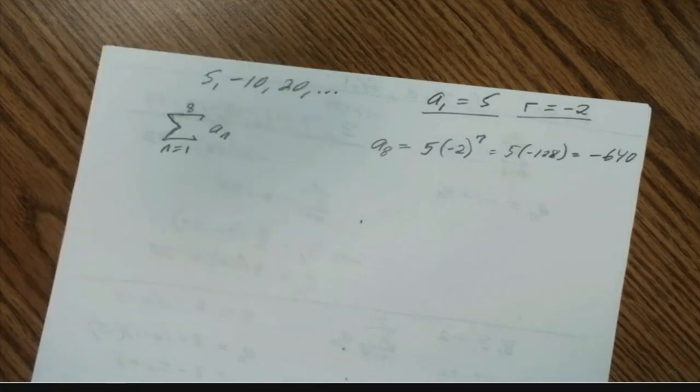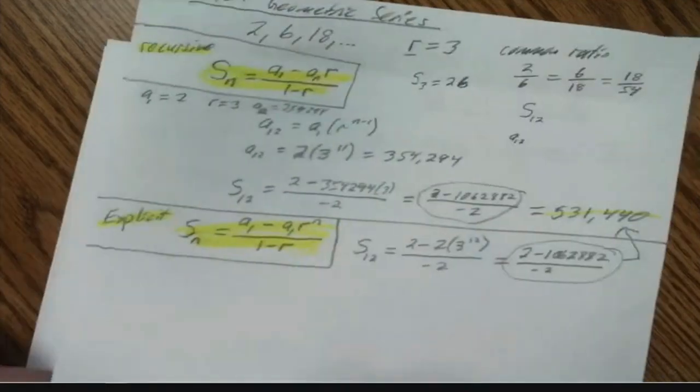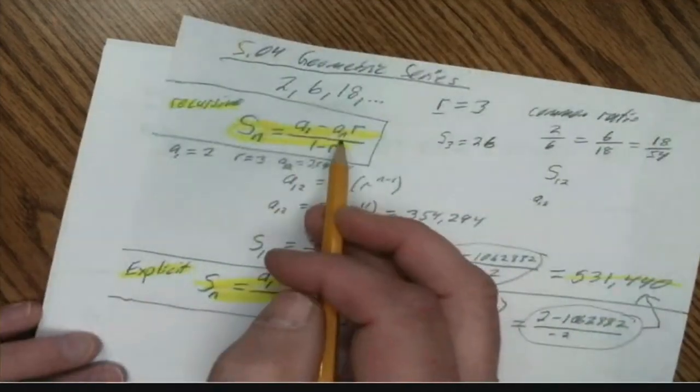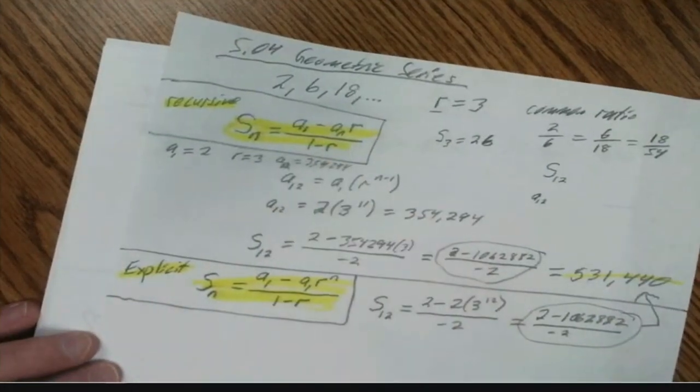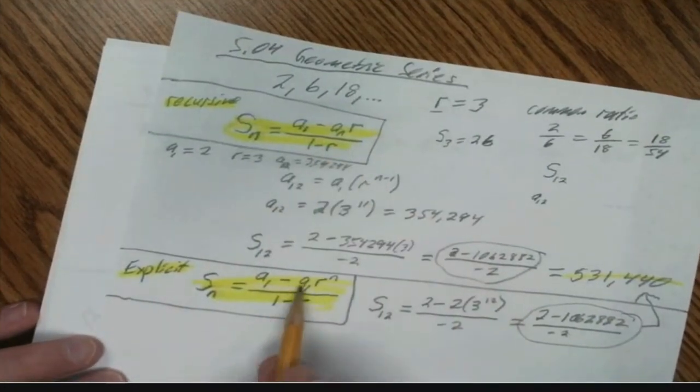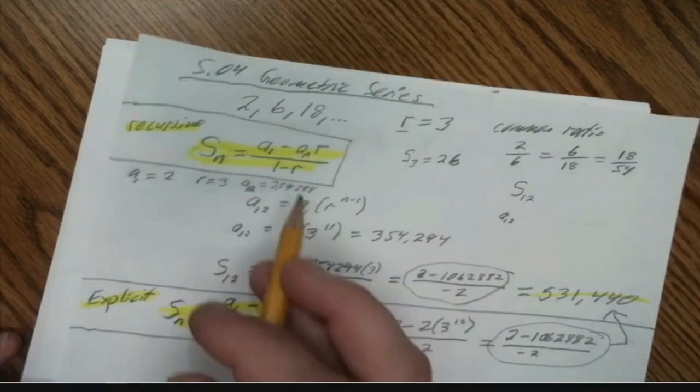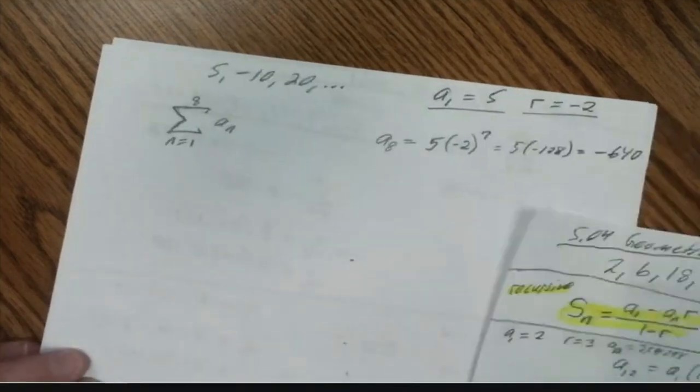So now we have our eighth term. We have a choice of using the formulas we already knew. We can either use the recursive formula because we know the eighth term, or we can use the explicit one where you only need to know the first term. Since we've calculated it, let's use the recursive formula.